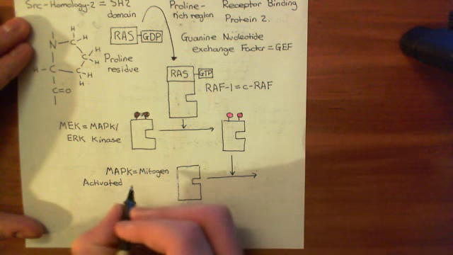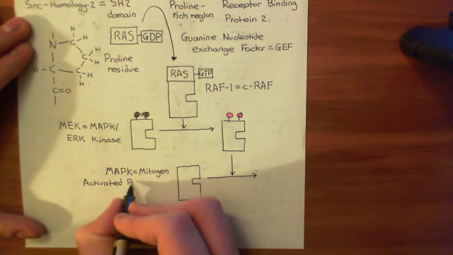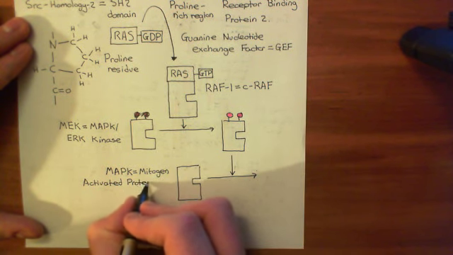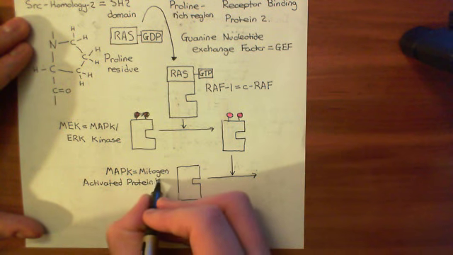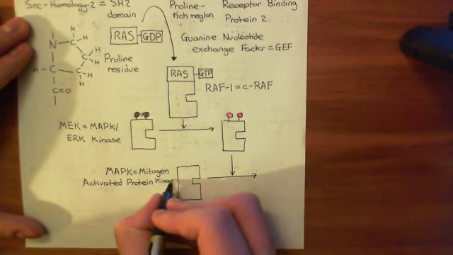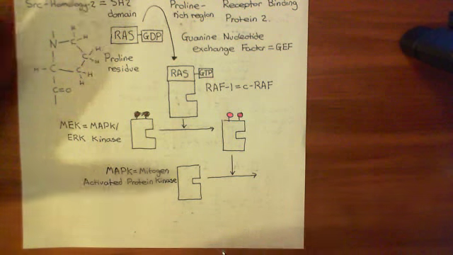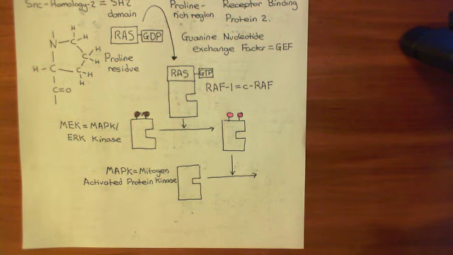For short, people often call this MAP kinase. They abbreviate mitogen activated protein to MAP, and then they just call it MAP kinase.